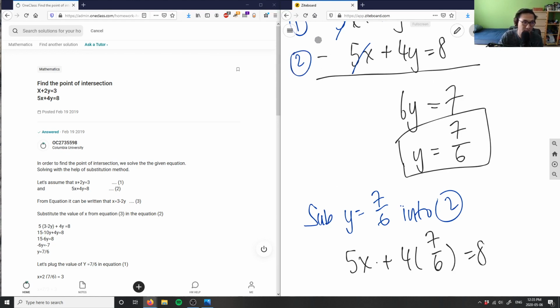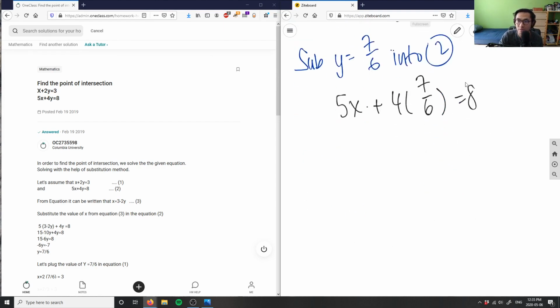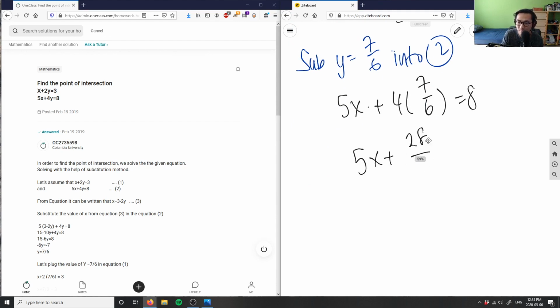This tricked me because of the elimination, so let me put that in brackets. This here is just 5x plus 4y equals 8. So I have 5x plus 4 times 7 over 6 equals 8, and I can isolate for x. 4 times 7 is 28, so 5x plus 28 over 6 equals 8.